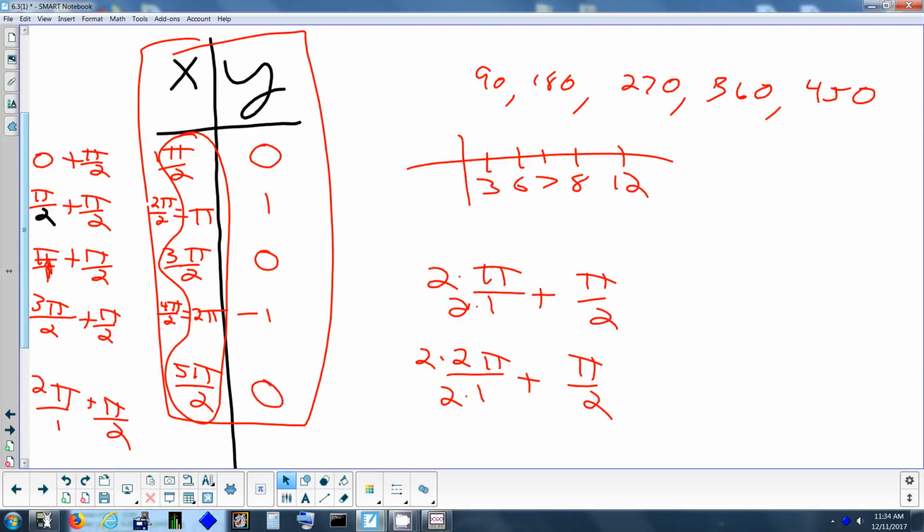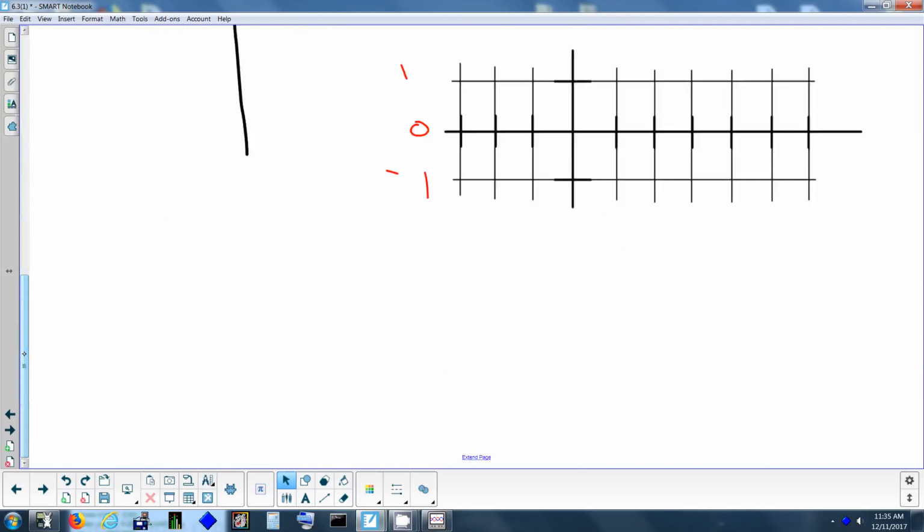You have to be consistent with your numbers. If you're going to go by 3s, go by 3s all the way. We're going to go by 90s. But we're not going to write it in degrees. We're going to write it in radians. So we've got 0, pi over 2, pi, 3 pi over 2, 2 pi, how much higher do we need? One more. 5 pi over 2.